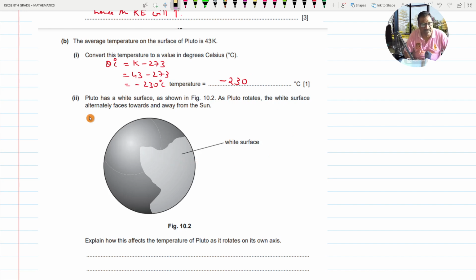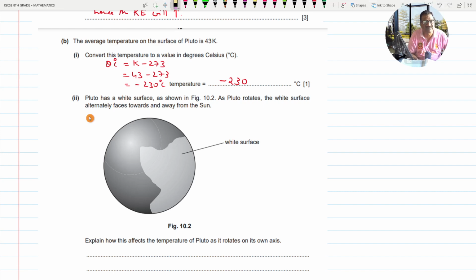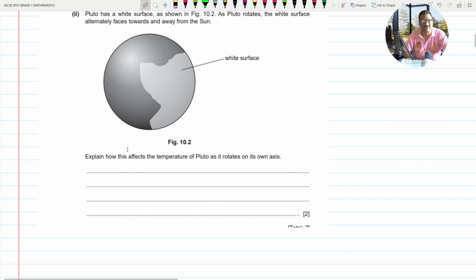Now 10b(ii). Pluto has a white surface as shown in figure 10.2. As Pluto rotates, the white surface alternately faces towards the sun and away from the sun. Okay.